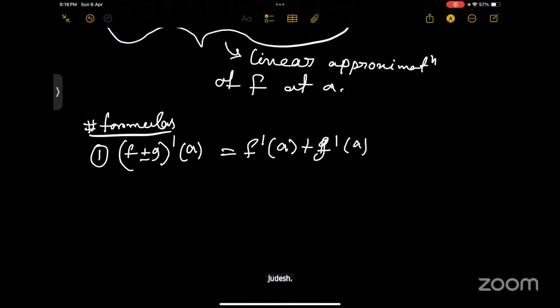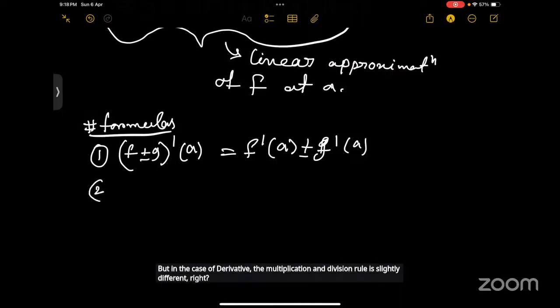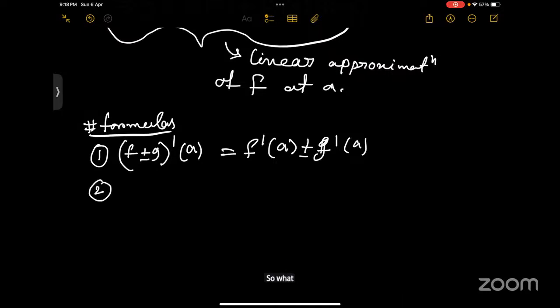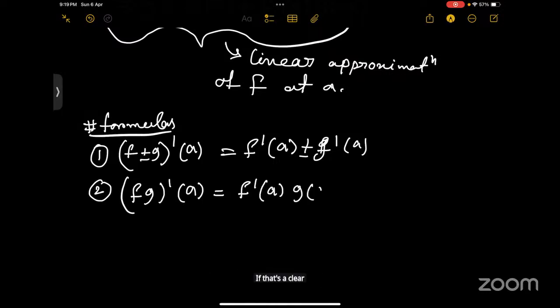Same for this. But in the case of derivative, the multiplication and division rule is slightly different, right? So what is the multiplication rule? Anyone? What is the multiplication rule? f dash of a into g of a plus g dash of a into f of a. Correct.